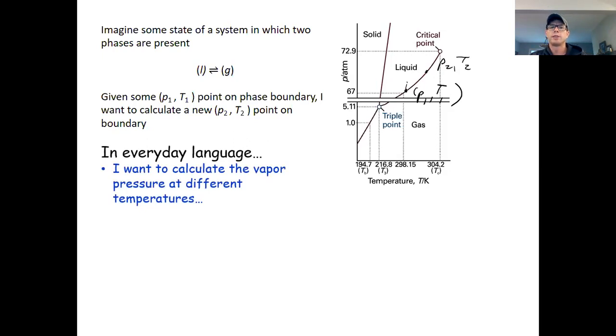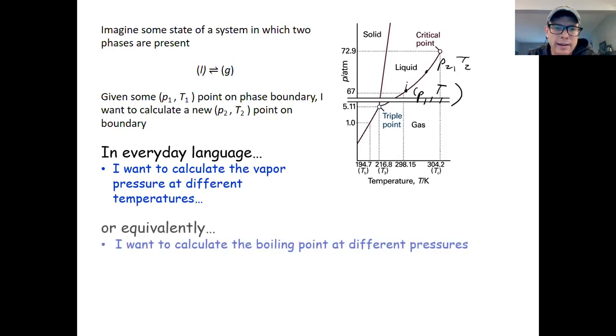In everyday language, this has a little more common meaning. What you're basically saying here is that you want to calculate the vapor pressure at different temperatures. Remember, one way we can think about this line is it's simply the vapor pressure at different temperatures. There's an equivalent statement, which is to say that I want to calculate the boiling point at different pressures.